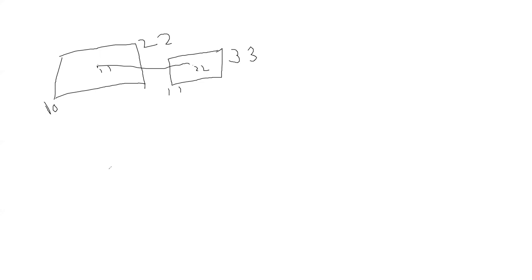Root 2 should be less than 1 plus 1, which is half of the length of the first rectangle plus half of the length of the other rectangle. So we know that they are overlapping on the x-axis.